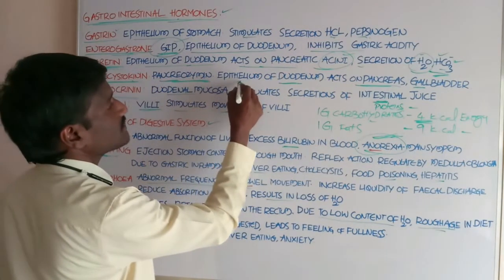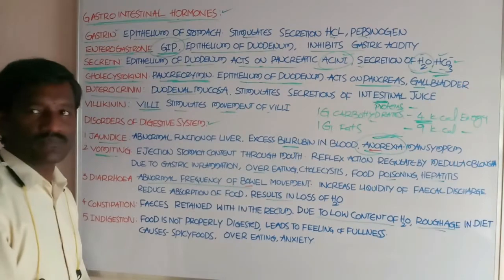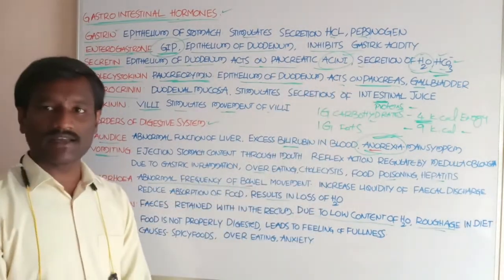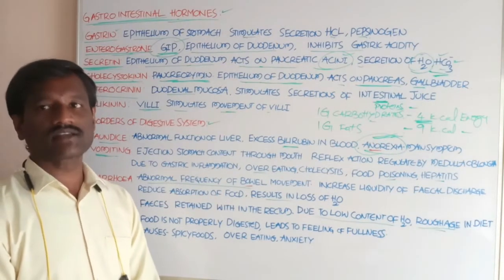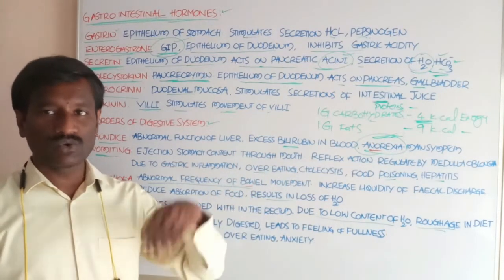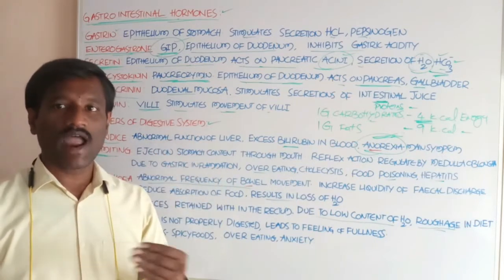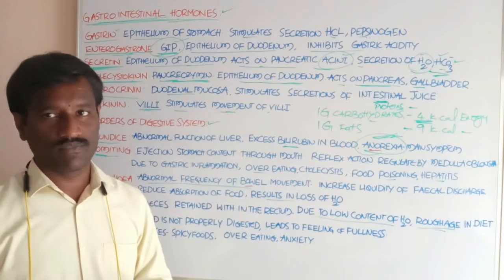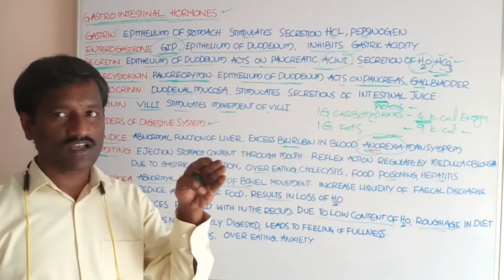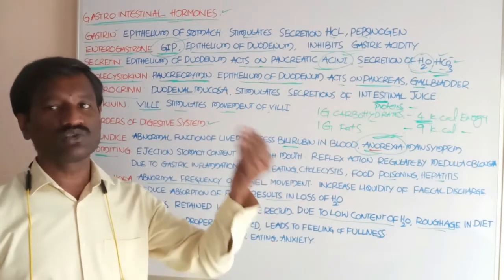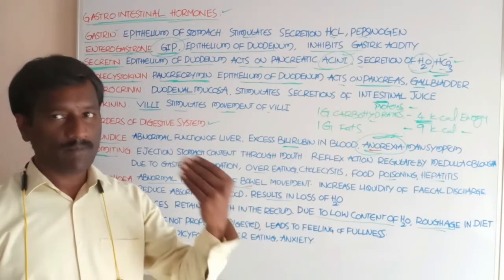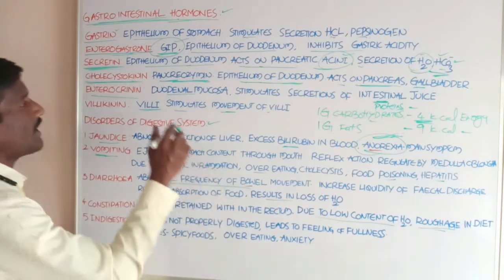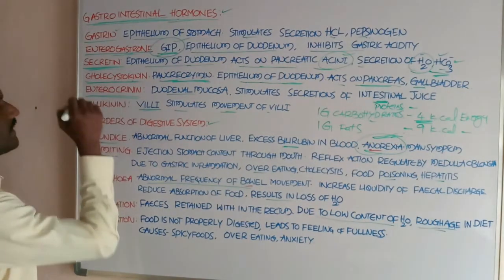Cholecystokinin is secreted from the epithelium of the duodenum and acts on the pancreas and the gallbladder, to secrete pancreatic juice and at the same time bile juice from the gallbladder. It stimulates contraction of the thin wall of the gallbladder to release bile juice through the hepatopancreatic duct into the lumen of the duodenum.